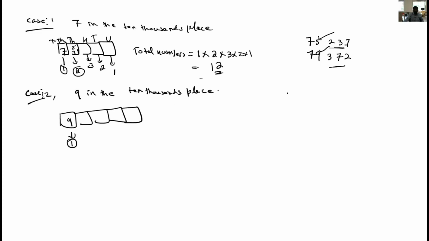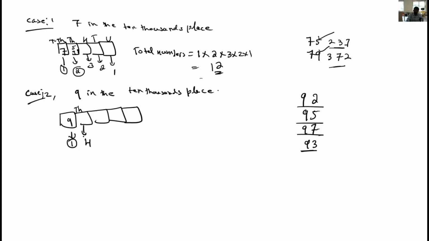Then take any other number: 92,000 something you will get, 95,000 some number you will get, or 97 or 93, like this you will get numbers. But observe, all these numbers are greater than 75,000. So for the thousands place you can choose any 4 numbers. So here 4 possibilities are there.